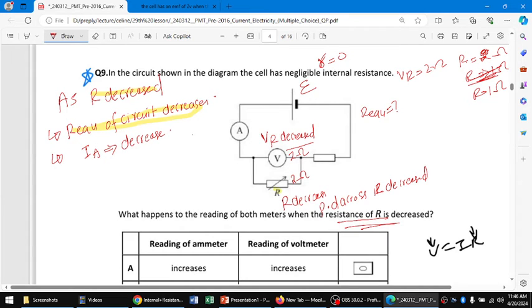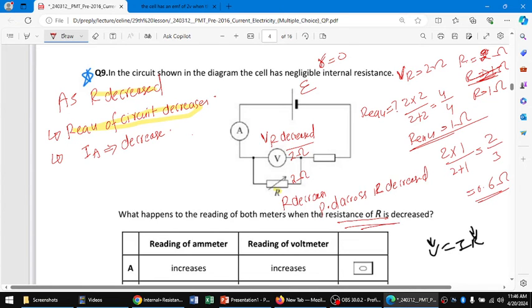In the previous case, the voltmeter resistance is 2 ohm and the external resistance is also 2 ohm, so the equivalent resistance is 2 multiplied by 2 divided by 2 plus 2, that is 4 over 4, which is 1 ohm. Now when the resistance is 1 ohm, the equivalent resistance is 2 into 1 over 2 plus 1, which equals 2 over 3, that is about 0.6 ohm.